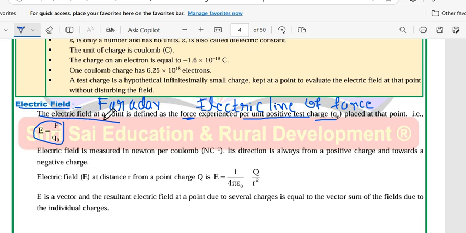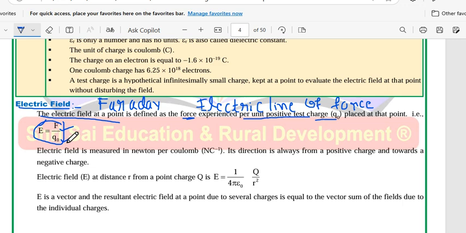The electric field at a point is defined as the force experienced per unit positive charge Q naught placed at that point.